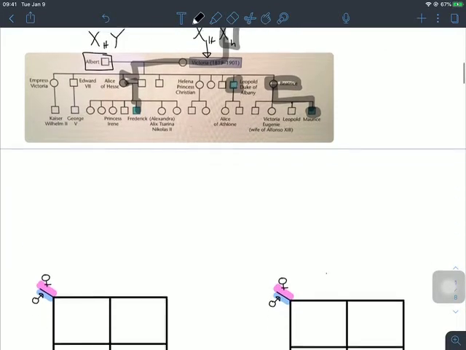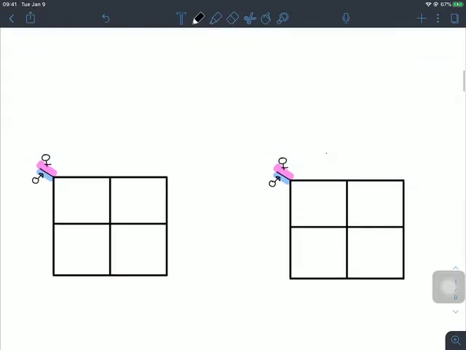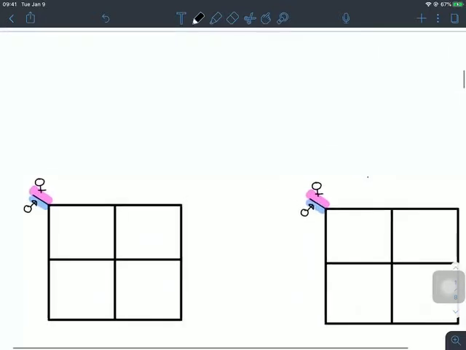Next up, we've got an inheritance pattern that cares a fair bit more about molecular manifestations, or how it looks on the cellular level. These 2 patterns are those of codominance and incomplete dominance.